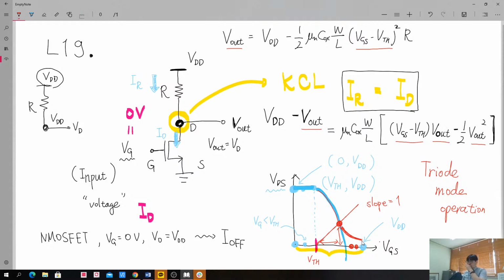This is the behavior of our system, which has only two circuit components: one is the MOSFET and one is a resistor. So the input and output characteristics can show much more complicated behavior than we can naively expect.